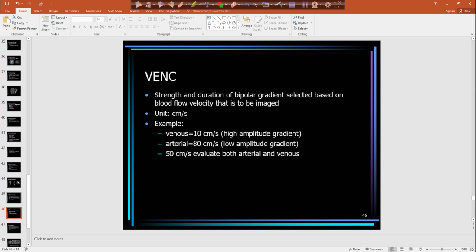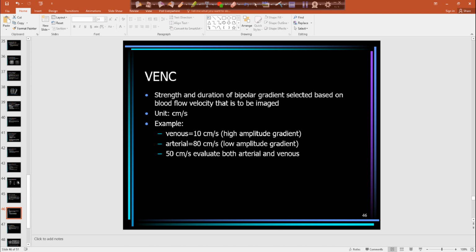So I said that with PCMRA, you can visualize different blood flow velocities. How it does it is by selecting a velocity encoding gradient that is set up to maximize signal from different blood flows. This VENC has a unit, which is centimeters per second.